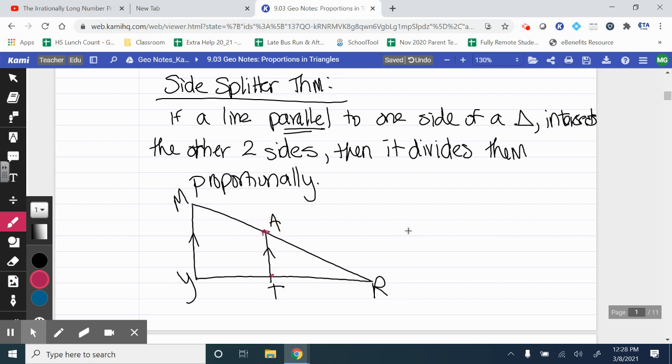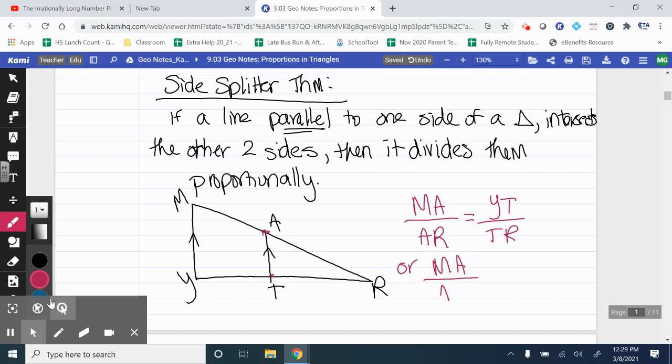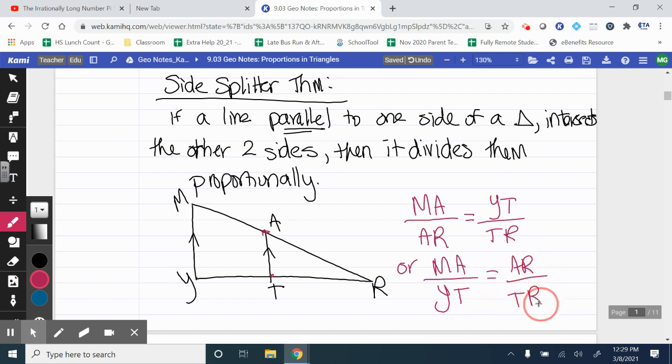So then I know that if I take MA over AR, then that's going to equal the other side. So YT over TR. Or you could say MA over YT would equal AR over TR.